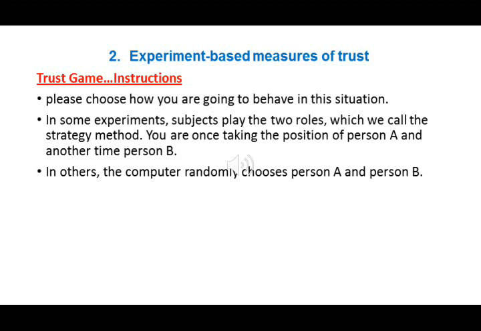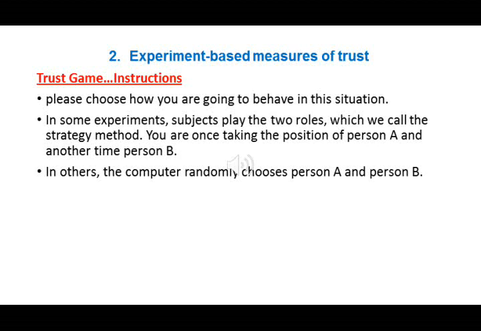Or you might be playing person B, where you will only be responding to the level of trust of the other person in you, which is a measure of trustworthiness, whether you will be respecting this trust or betraying it.